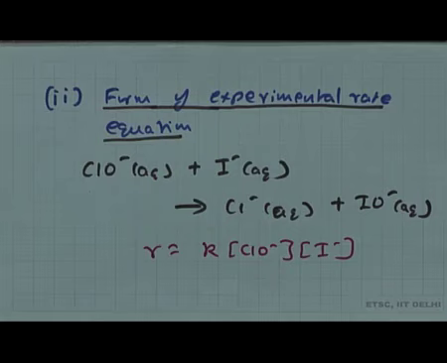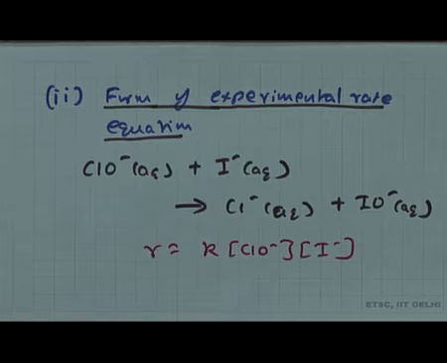So, this is how you characterize an elementary reaction. Hence, again, if this reaction were really elementary, I could have said that the rate is equal to k times the concentrations of ClO⁻ and I⁻. Now, remember, this is a theoretical one. That means, if this reaction had been elementary, I can write it in this form.